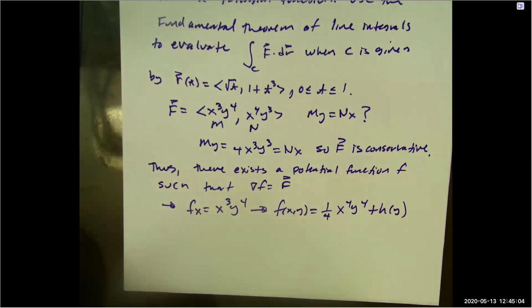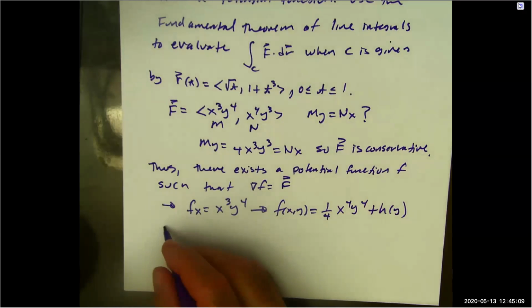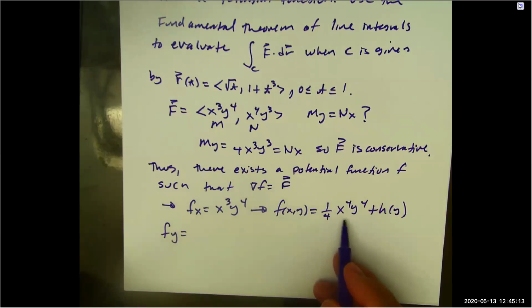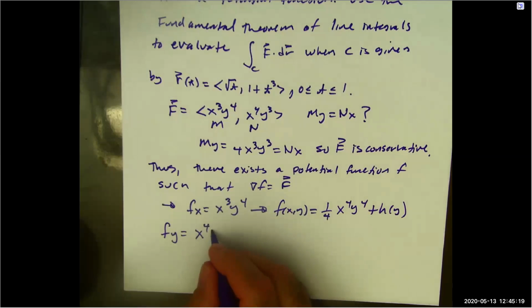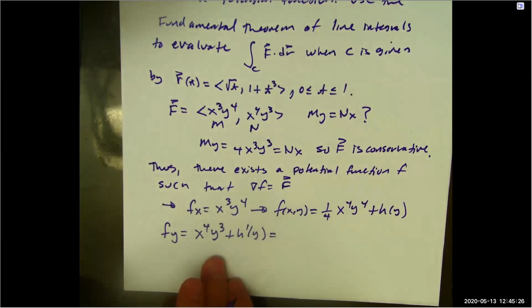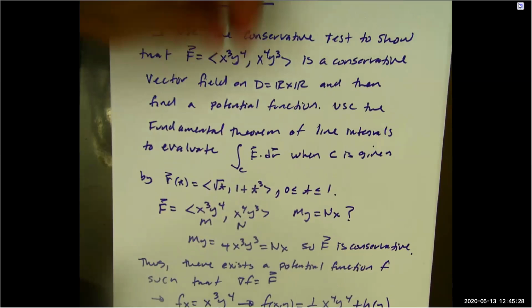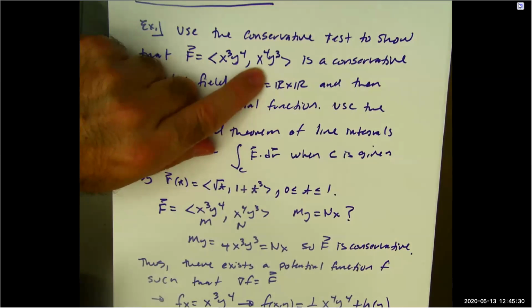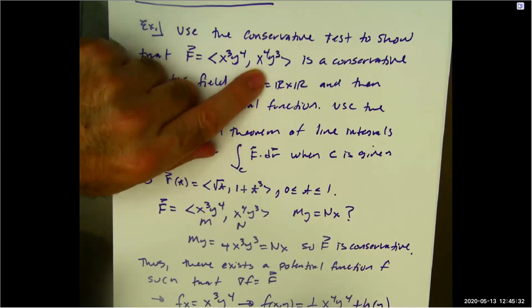And then in this case, I think the arbitrary constant is going to come out to be 0, because if we have fy, so if I take the partial derivative of this with respect to y, what I'm going to get is x to the fourth y cubed plus h prime of y. And fy is going to be equal to my y component of my vector field. So it's equal to x to the fourth y cubed.